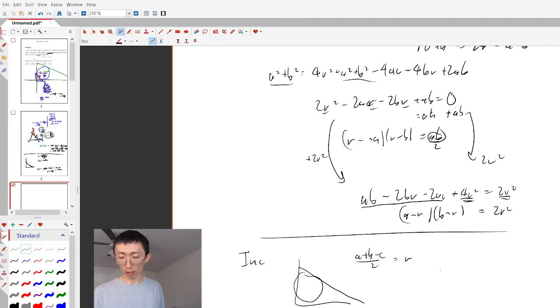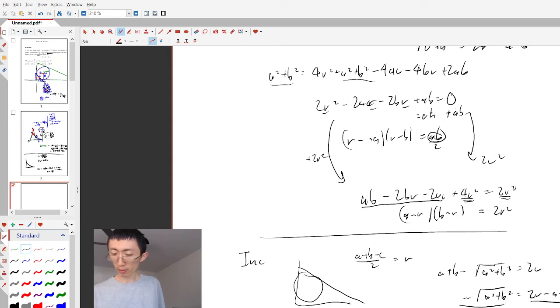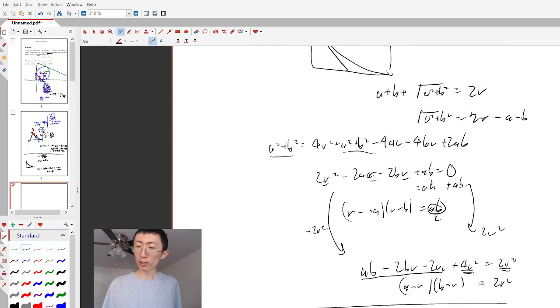And then A plus B minus C equals 2R. But notice here, you get negative C is 2R minus A minus B. So this is the exact same equation as this.